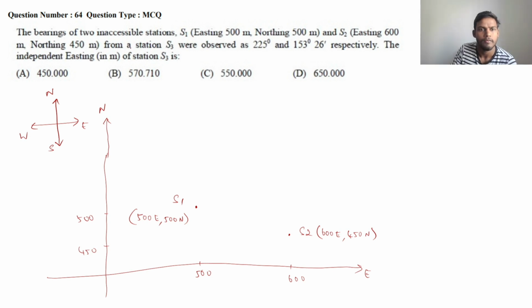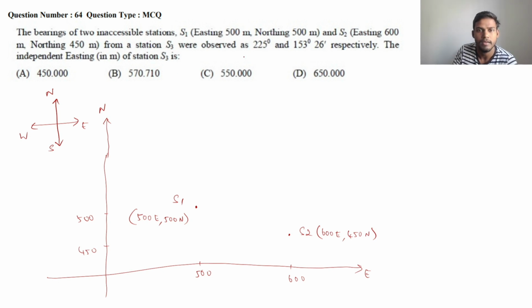And from station S3, S1's angle is 225 degrees. From station S3, S2's angle is 153 degrees 26 minutes. So with the help of these angles, we can plot the position of S3.